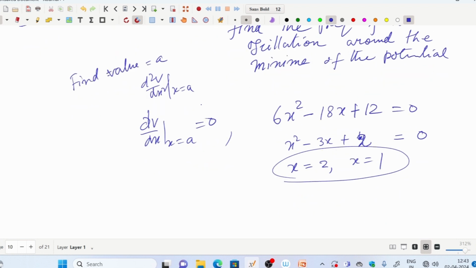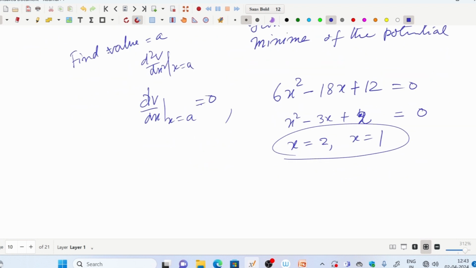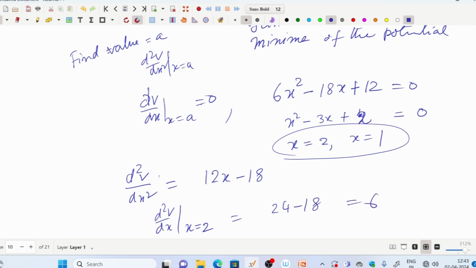So, these are the 2 points where minima are possible. Now we need to find the double derivative also, to see which is actually the true minima. So, d2V/dx square will be 12x minus 18. Now d2V/dx square at x equal to 2 will be 24 minus 18 equal to 6.